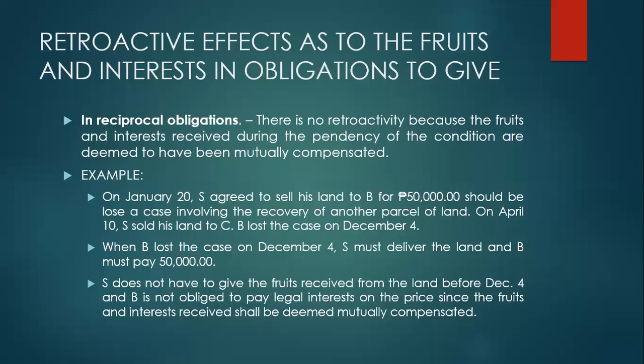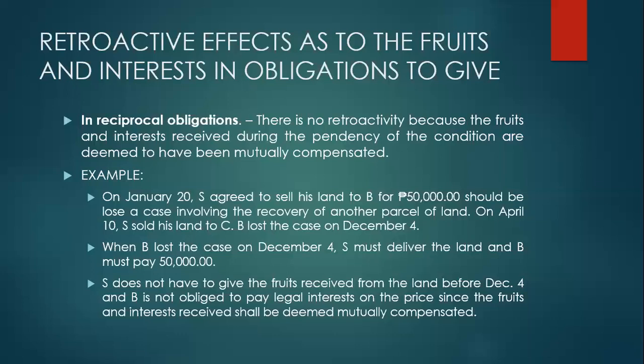Now, on the other hand, from January 20 to December 4, during the pendency of the fulfillment of the suspensive condition, the 50,000 pesos price ng land could have earned interest or legal interest. Kasi mababayaran lang yan ni B kapag na-fulfill na yung condition.